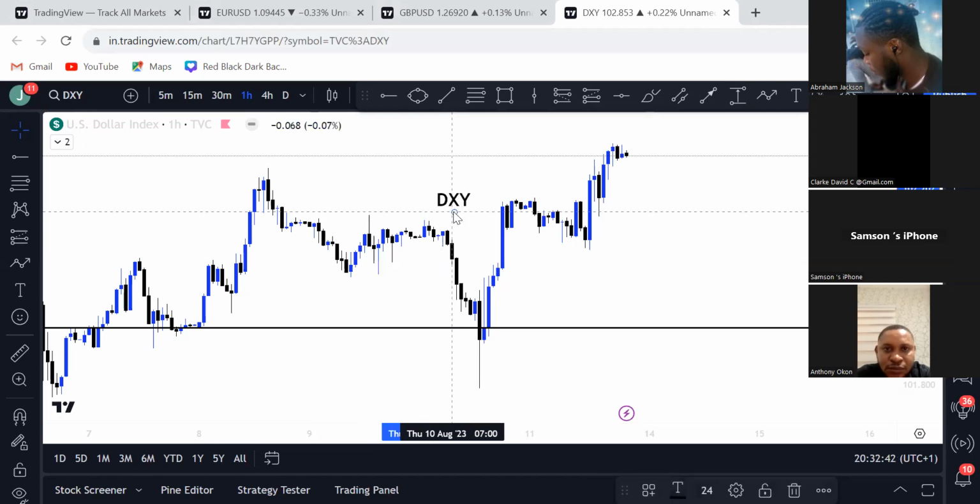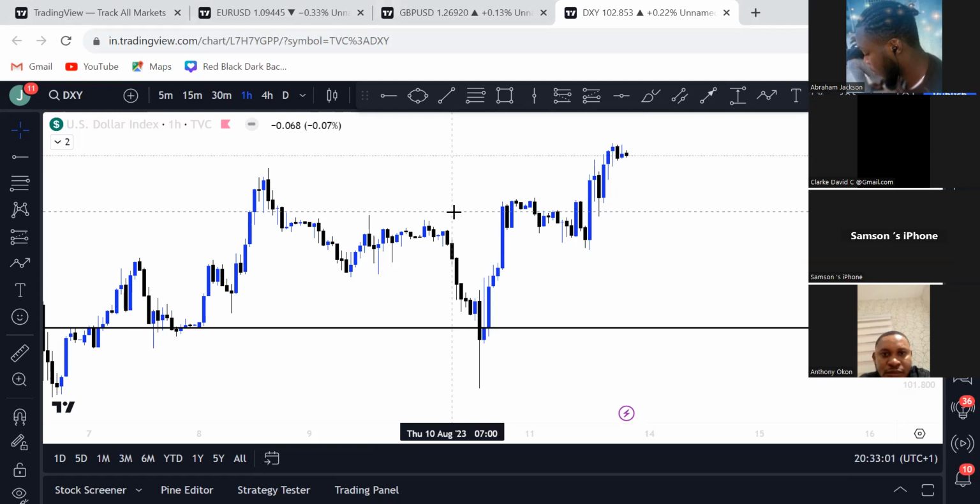Basically, this is an index that we use to measure the strength of the dollar. Most of these utility currencies actually have their own indexes.